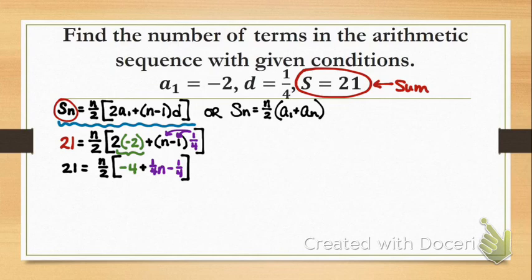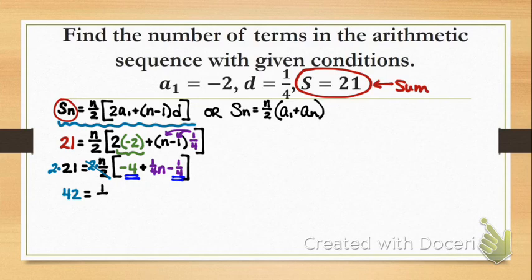Are you guys okay if we go ahead and get rid of the denominator of 2 so that we don't have to deal with a fraction on the outside of those parentheses or those brackets? How would I get rid of that denominator of 2? Multiply by 2. So I'm going to multiply here by 2 and here. So I've got 42 equals, and I'm going to go ahead and combine my like terms at the same time.